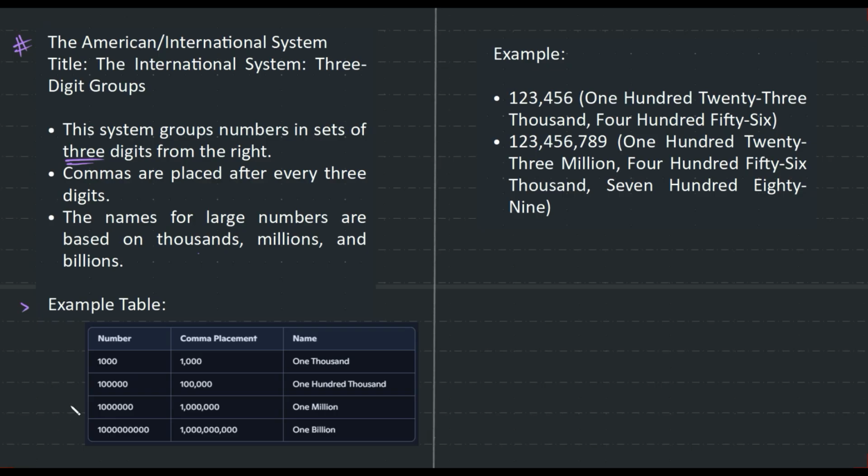For example, this has 4 digits. So commas are placed after each 3 digits from the right. So from the right, start counting 1, 2, 3, put a comma.